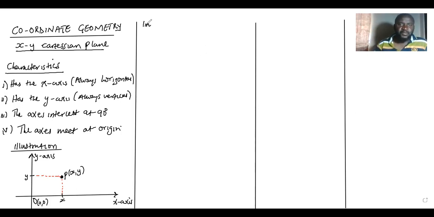Then from there, we can also go back to what we call lines. A line is a locus of points. A line is a locus of points that are collected together in a given direction.